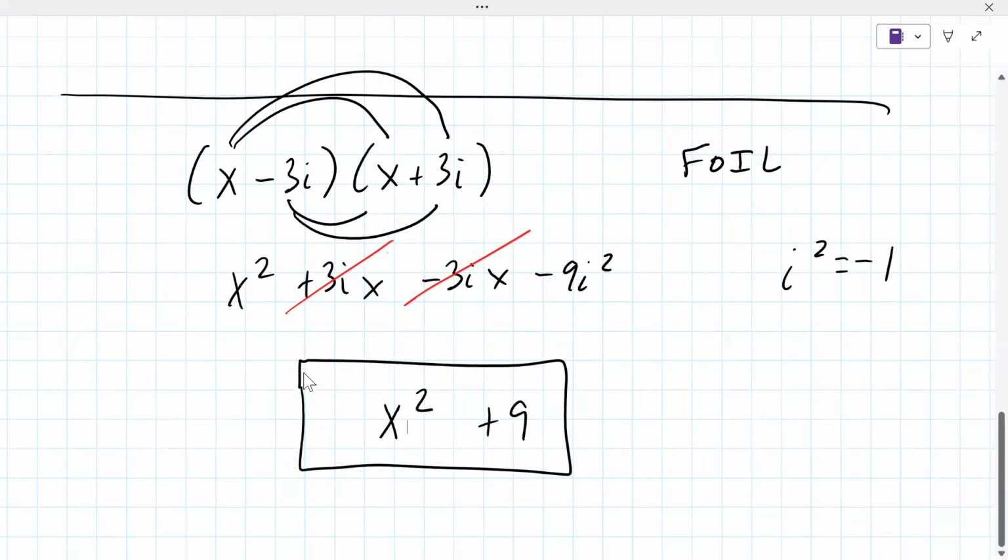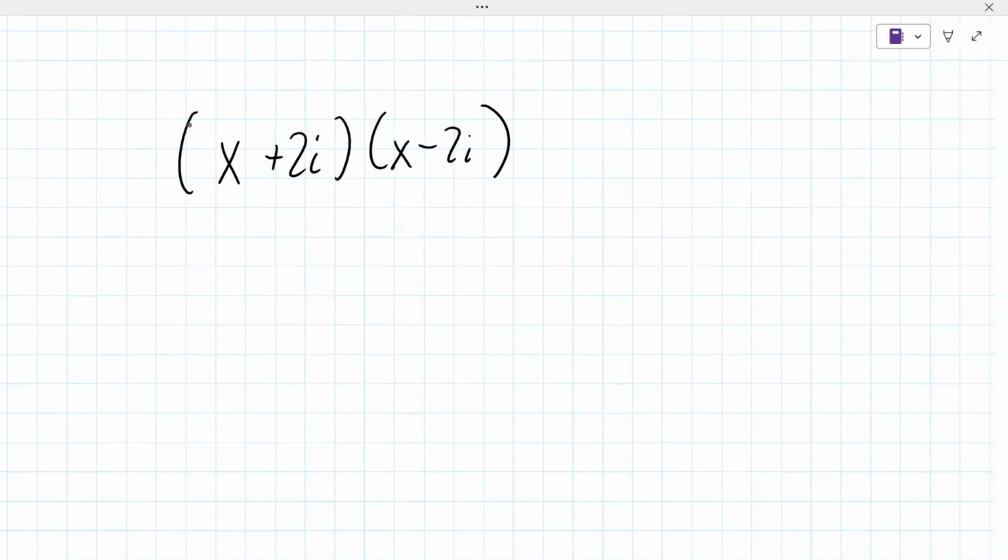Yep. Okay. Would you like to do one more or move on to something else? One more. Okay. x minus 2i. Sorry, let's do plus 2i. Let's go x minus 2i. Go ahead and give that a try, please.